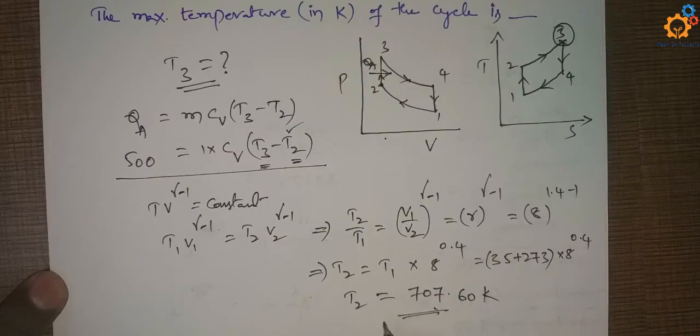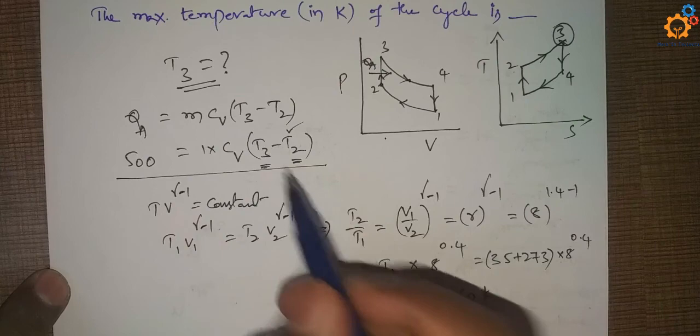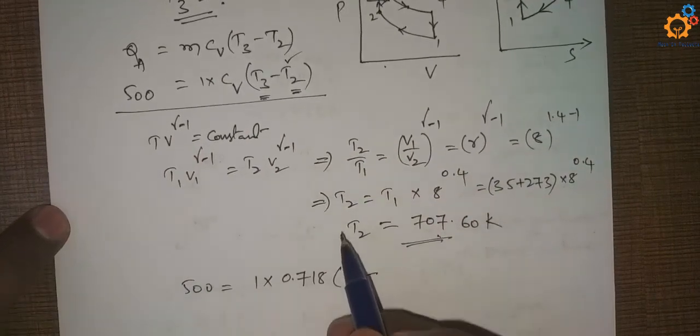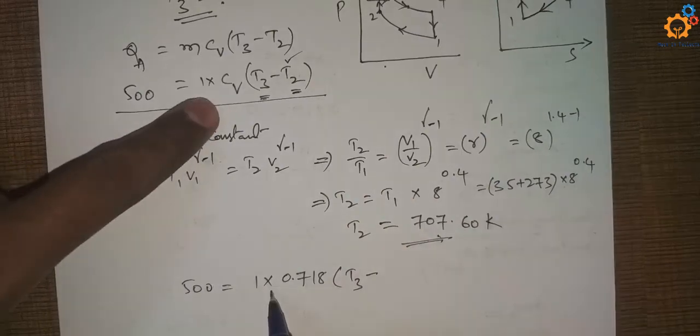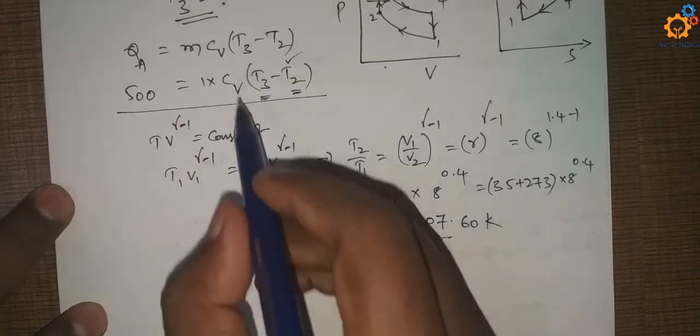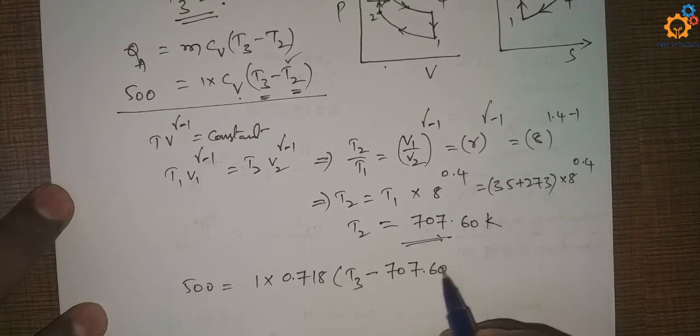So now let's substitute this T2 in this equation and you will get T3. Okay, so 500 is equal to 1 into 0.718. Cv is given in the question as 0.718. T3 minus T2. T2 is 707.60.